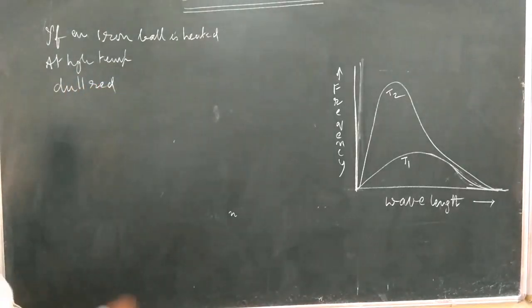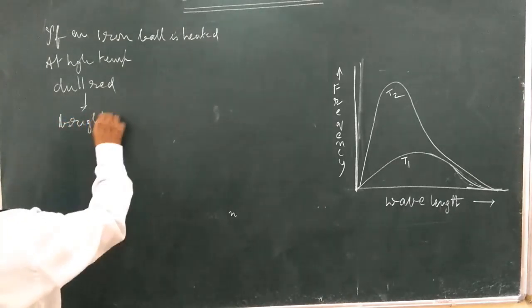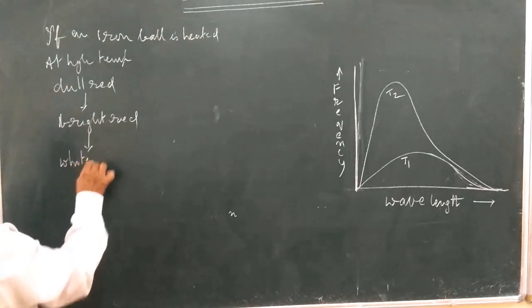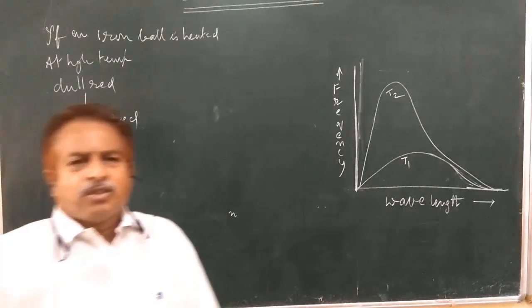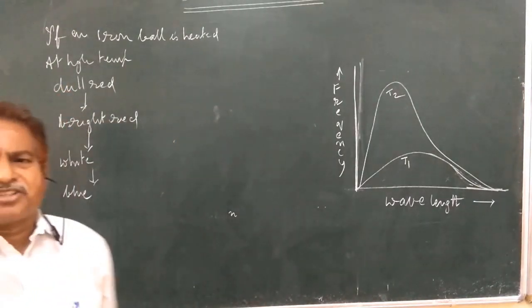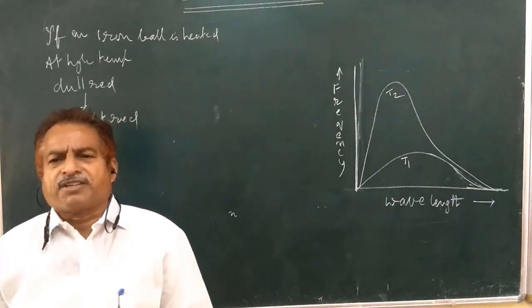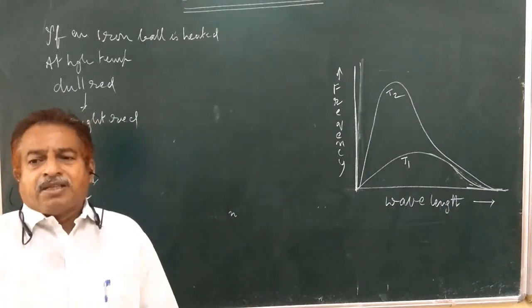As the temperature goes on increasing, it becomes bright red and then white, and finally it reaches blue. So these are the changes that take place as the temperature increases. Thus, the intensities of radiations of different wavelengths emitted by a hot body depend on its temperature.